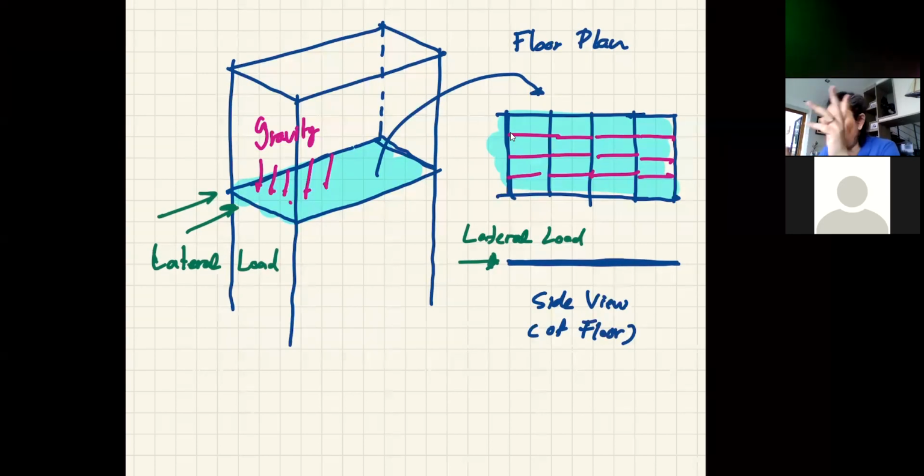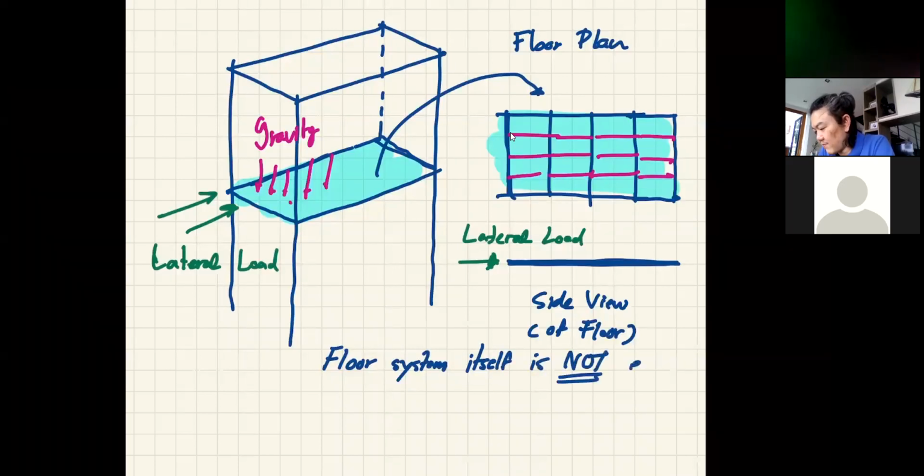So generally, we need to have some system. Floor system itself is not enough to withstand the lateral load.